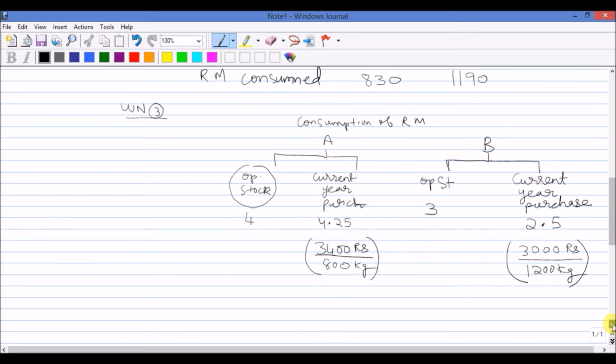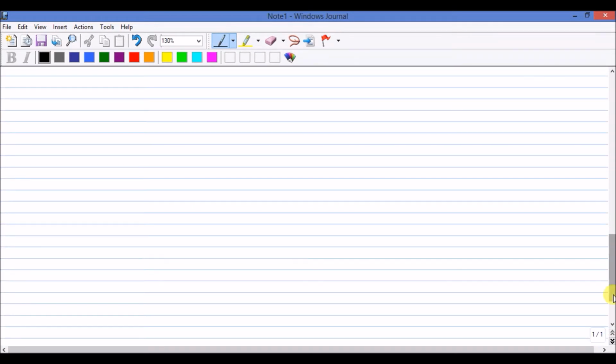I don't have any option but to scroll down. Now we are moving to the main sum. We need to prepare a standard and we need to prepare actuals. Actually we have manufactured 1700 kg of output, and the standard is also 1700 kg. Then we have quantity, rate, amount.